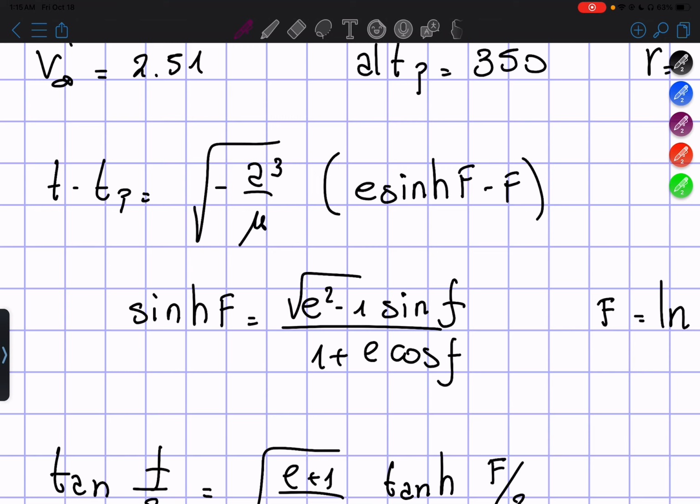It doesn't seem right. Let me make sure that my arctanh is giving me a value that I think is correct. So I have 0.65 radians for my F. It is positive. That's really all I can say about that. There's no way for me to check if anything else makes sense.